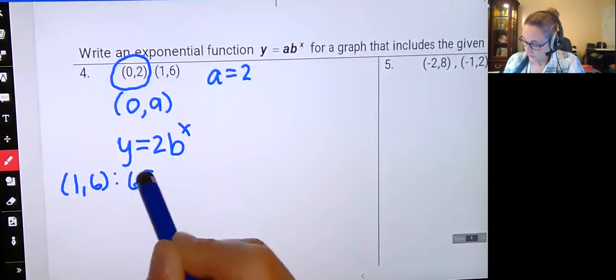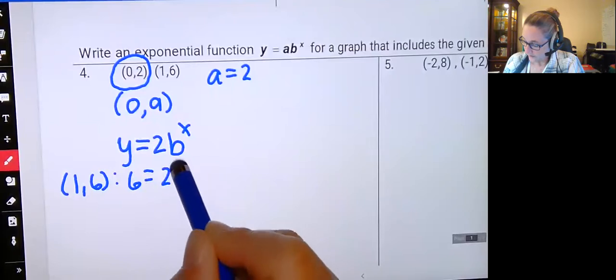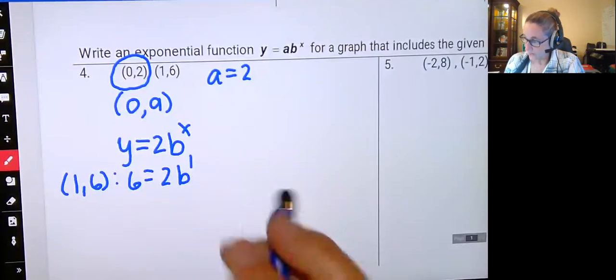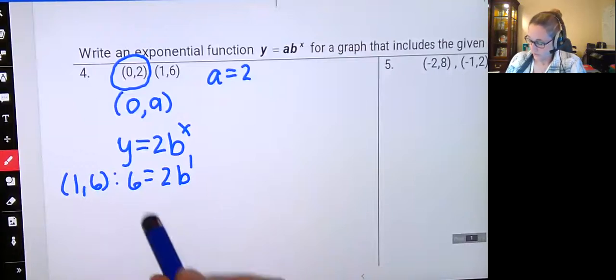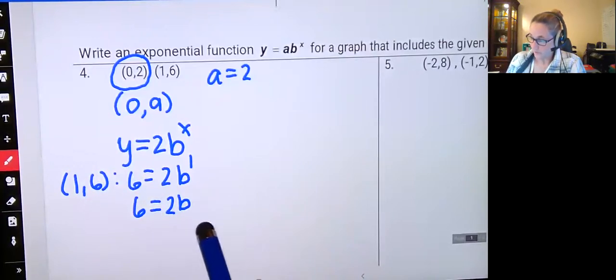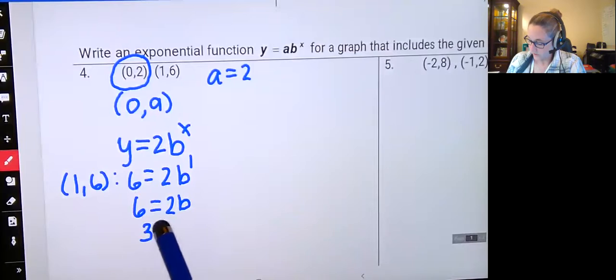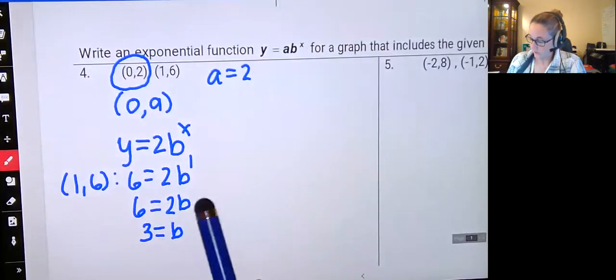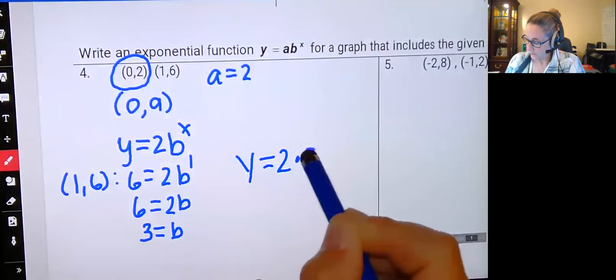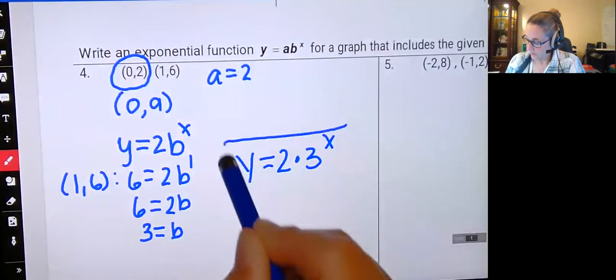So I'm going to have 6 is equal to 2 times b to the power 1, because this is 1 comma 6. So this is going to be 6 is equal to 2b. I divide by 2 and I get b is equal to 3. So my equation is going to be y equal 2 times 3 to the power x.